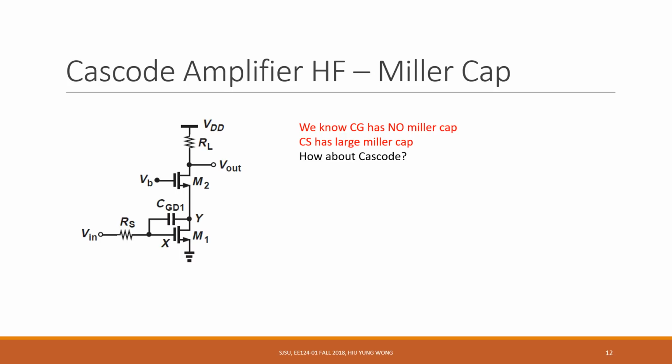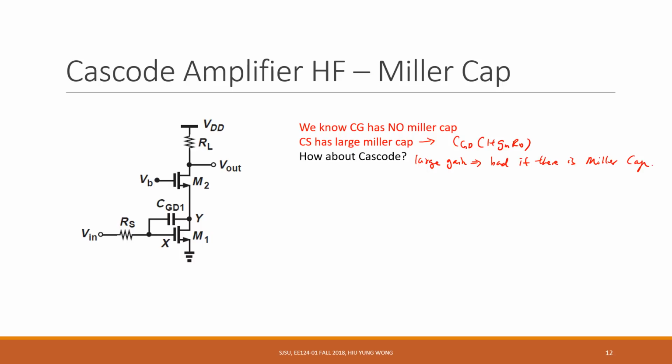Because from common source amplifier, we know that we have a very large Miller capacitor, which is CGD times (1 plus Gm RD), right? Do we have this problem here? If we have this problem here, that would be very bad, because we know that we have large gain. So it is very bad if there is Miller cap, right?